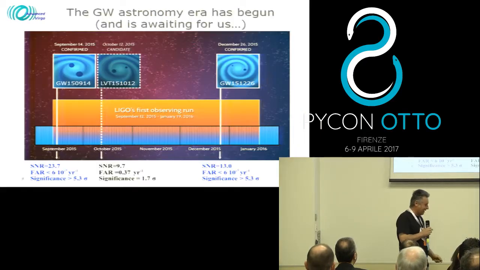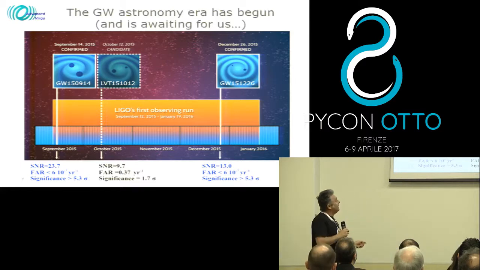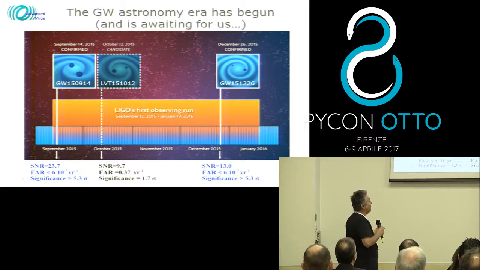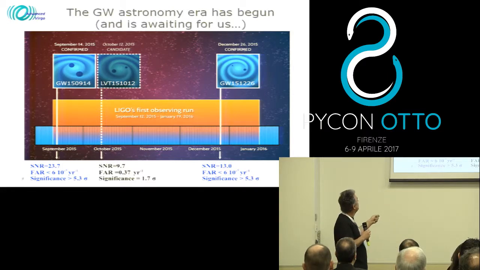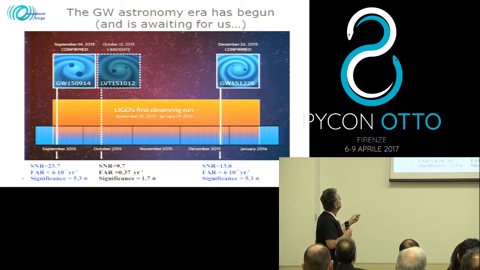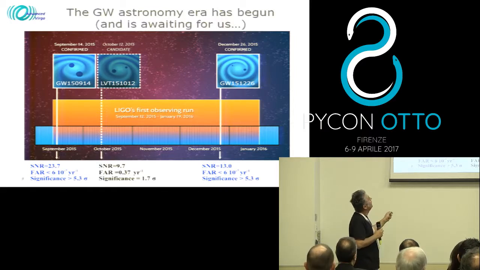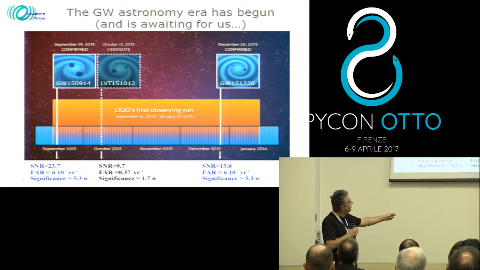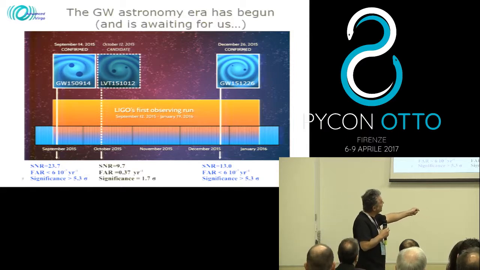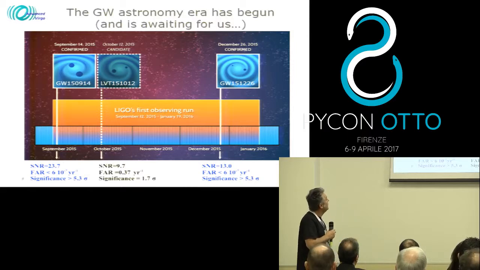Just comparing it. But the thing is, gravitational wave astronomy has started and is definitely awaiting for us. Last year, I was talking about the September 14, 2015 event with 2 black holes colliding. We now have another event confirmed in December 2015, and we also have another candidate already.